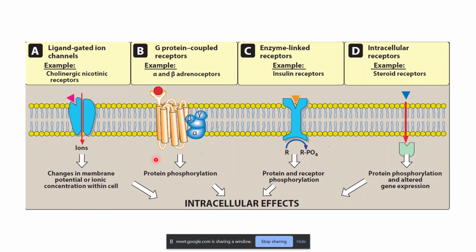The ion channels usually contain a ligand binding site that is shown here, and this site regulates the state of the receptor. It can be open or closed, and usually the channel is closed if the receptor is not activated by the agonist.